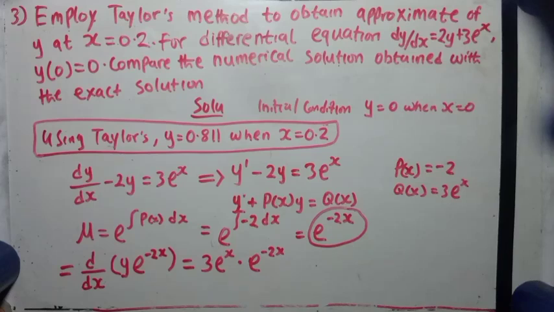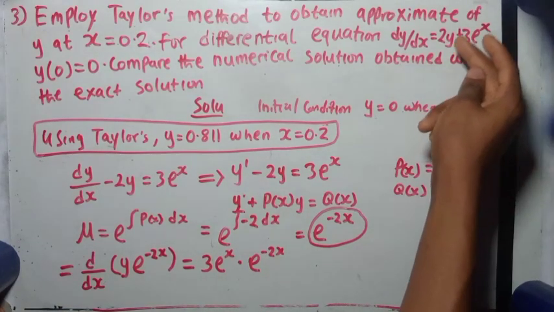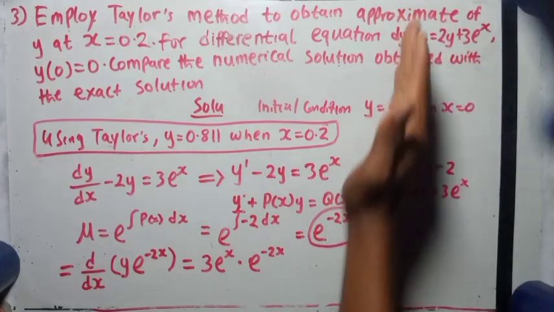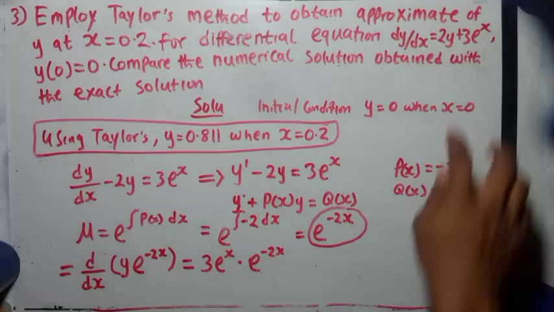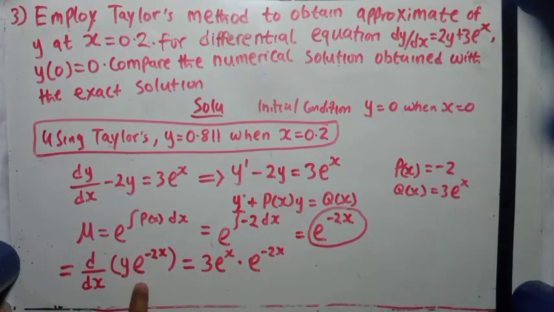I'm just jumping a step like I said earlier. So this will give us this. We have succeeded in factorizing or moving all of our y towards one side. We have succeeded in writing this in this form. So now from here we can easily integrate to get our y value.